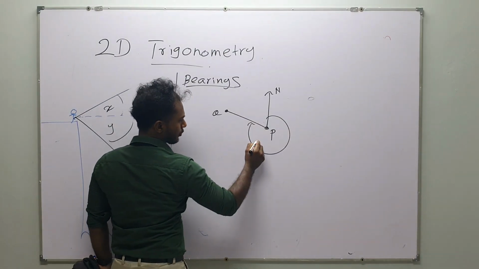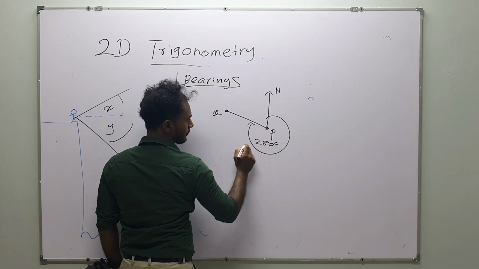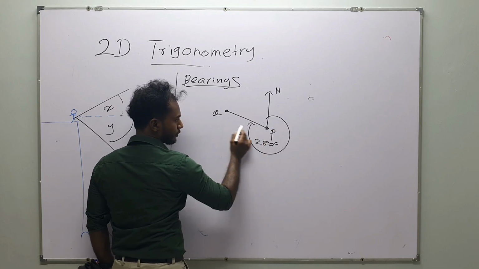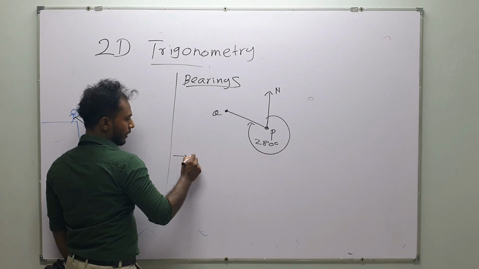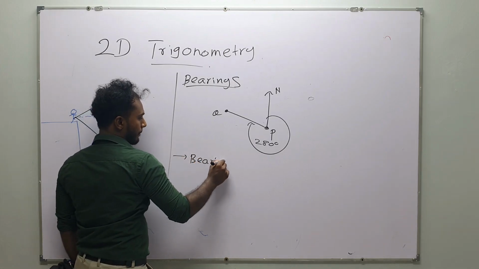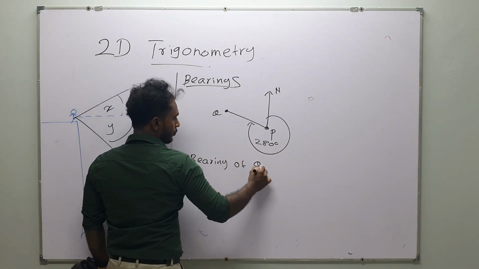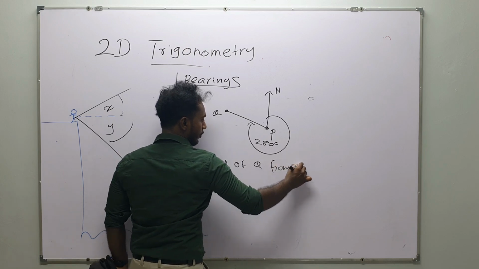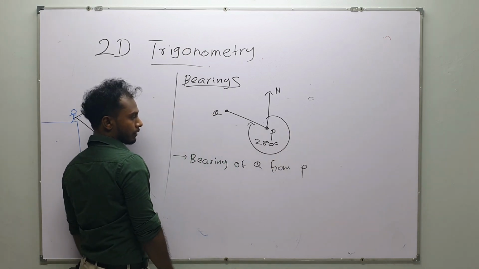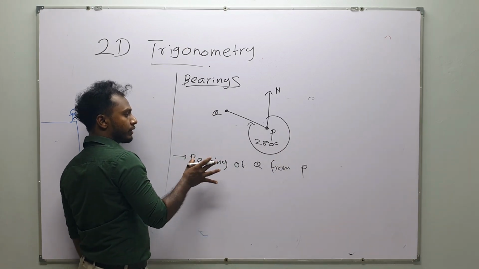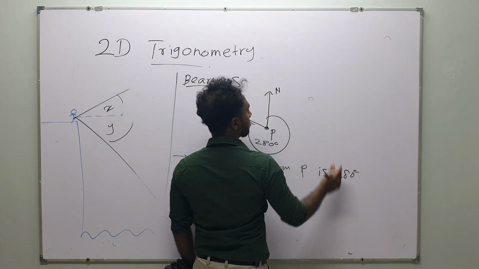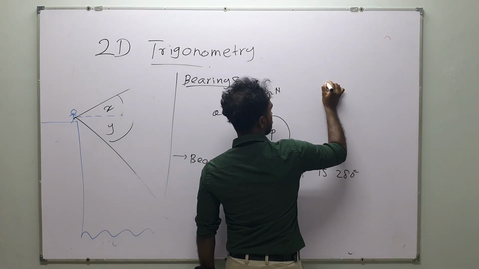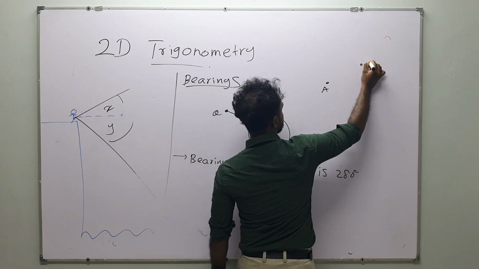This is around 280 degrees, because 90, 180, 270, a bit more. This is the bearing of Q from P, right? Or else you can write the bearing of Q from P is 280 degrees.